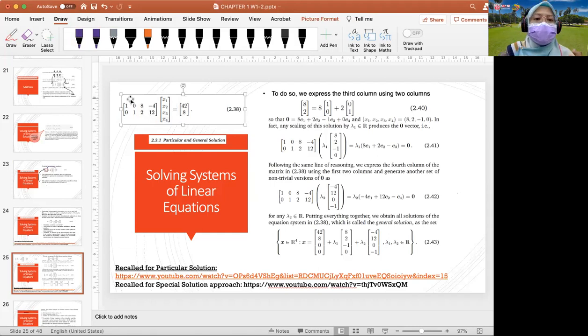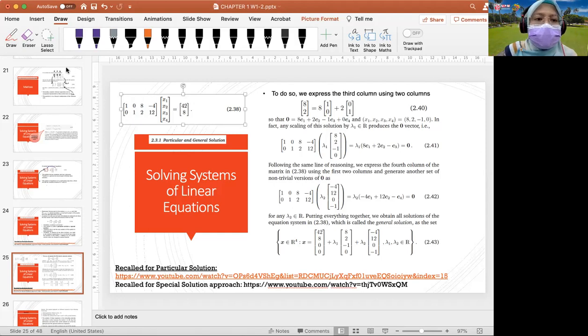Now if you look at the A matrix, remember the form AX equals B. For the first two columns, it appears as a sort of identity matrix. Not really the identity matrix, but the form looks like an identity matrix.